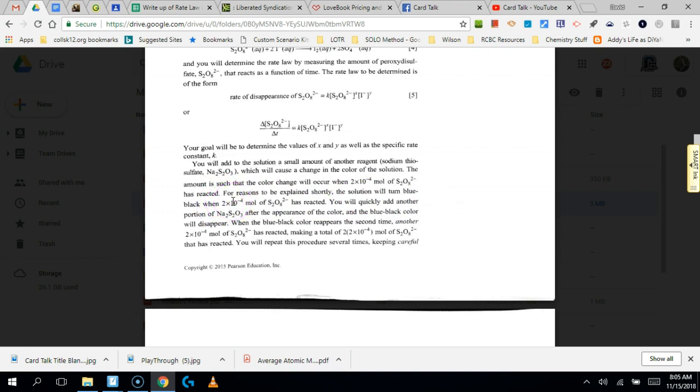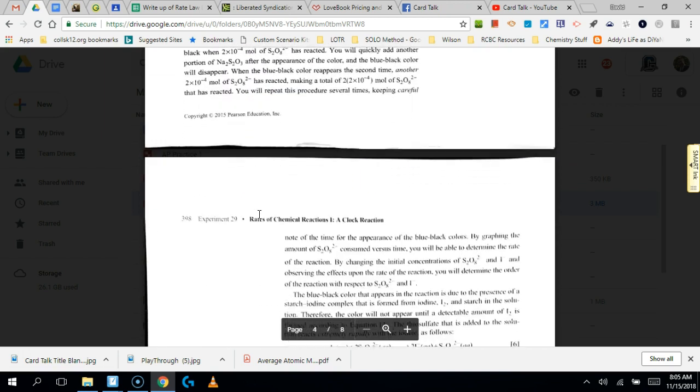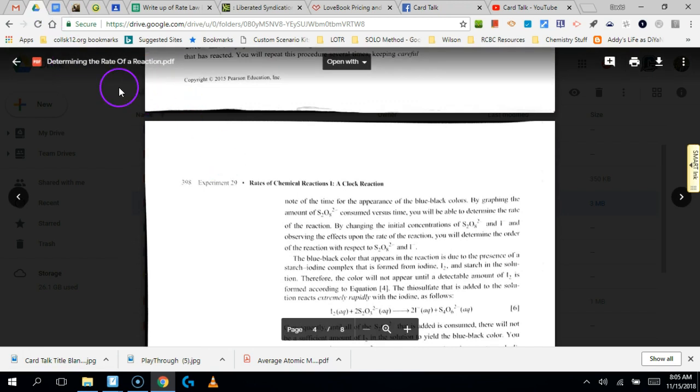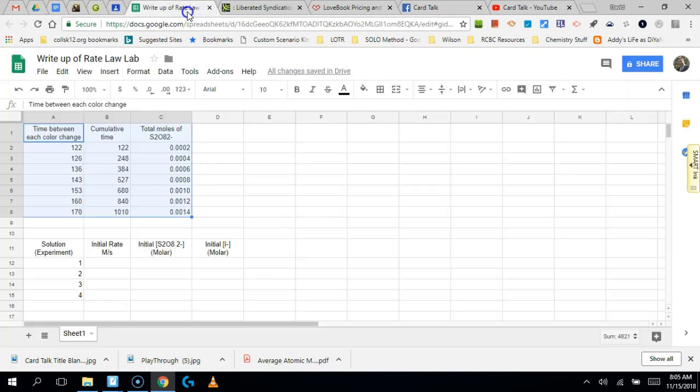Every time you're adding that, the test tube is telling you that we have reacted 0.0002 more moles of the S2O8 in the reaction. That's how we collect all the data.